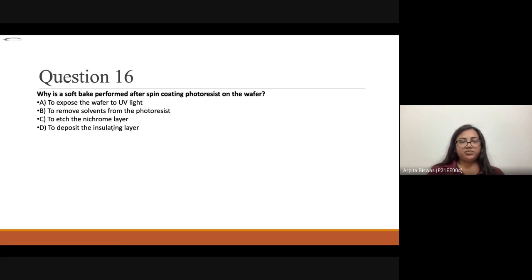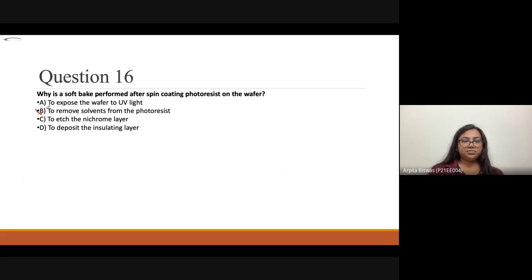So go through the question carefully and then try to give the answer. Why is soft bake performed after spin coating photoresist on the wafer? So the right answer is option B, to remove the solvent from the photoresist.